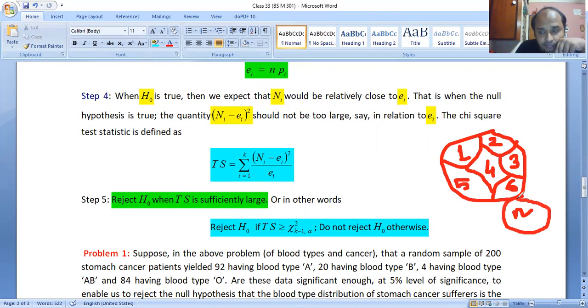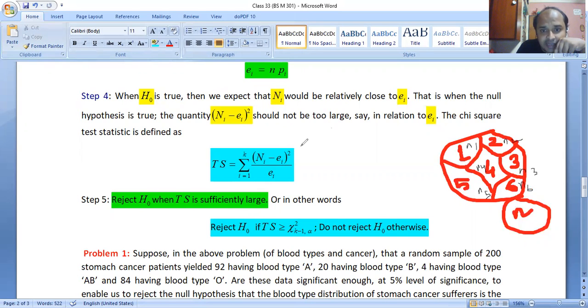So when I divide the entire thing into several parts, this first part is having some size. Let me write it over here, you will understand. The size of this part is say n1, size of this part is say n2, size of this part is n3, size of this part is n4, this is having the size n5, and this is having the size n6.